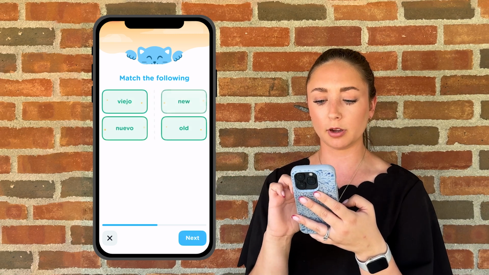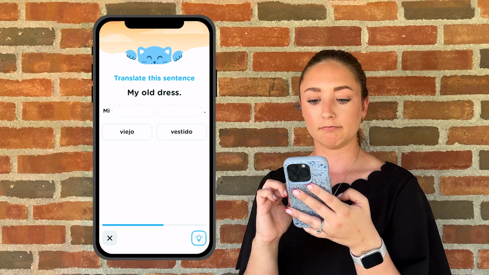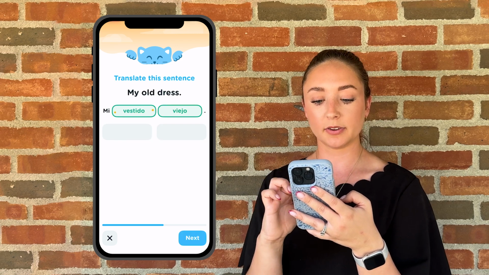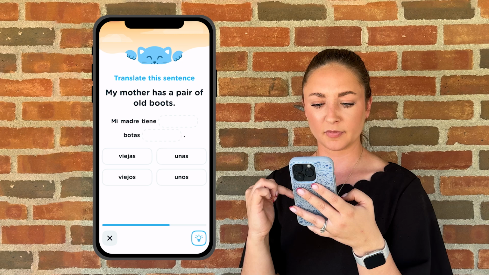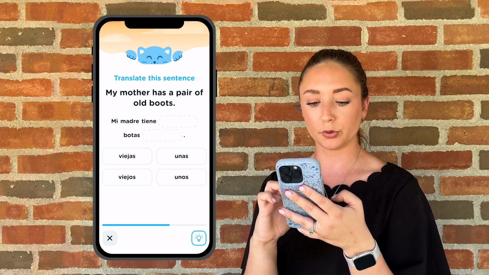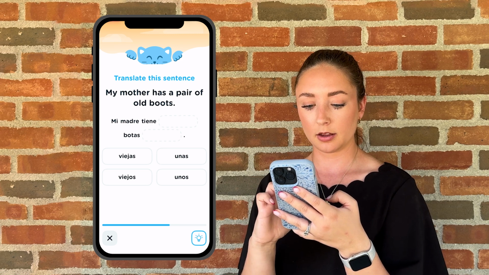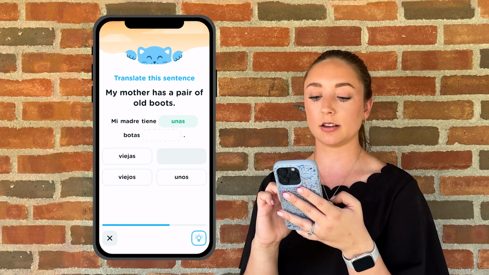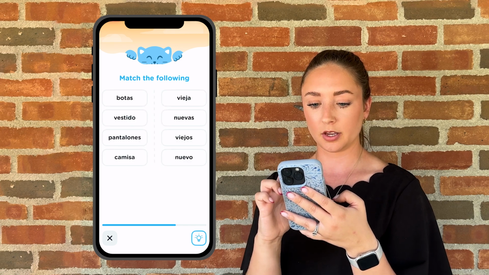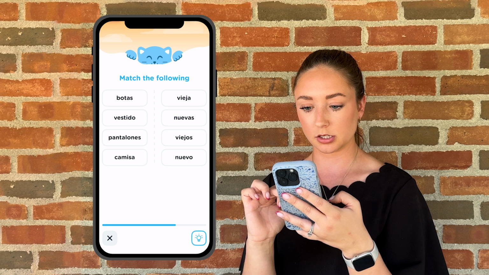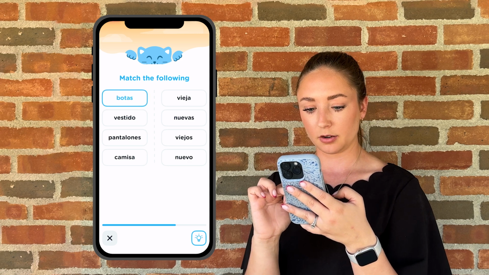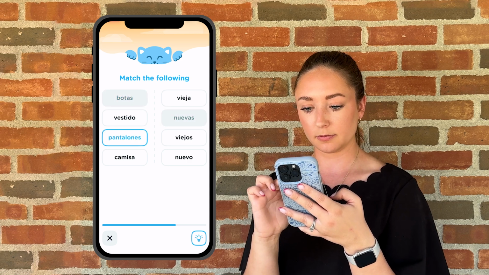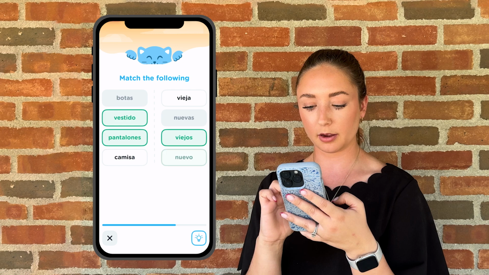Viejo, old; nuevo, new. Mi vestido viejo, my old dress. My mother has a pair of old boots. Mi madre tiene unas botas viejas. Botas nuevas, pantalones viejos, vestido nuevo, camisa vieja.